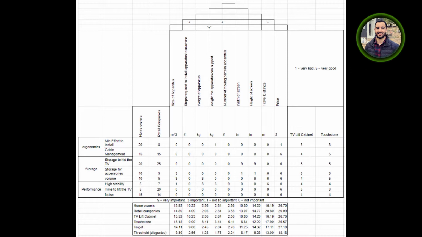Then we studied what's on the market now, defined technical specifications to fulfill the customer requirements, and studied the relationship between specifications and requirements. The targets as well as the relationships between specifications were also considered.